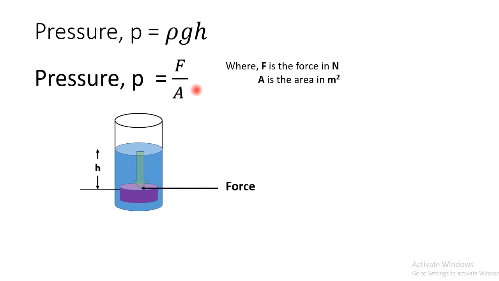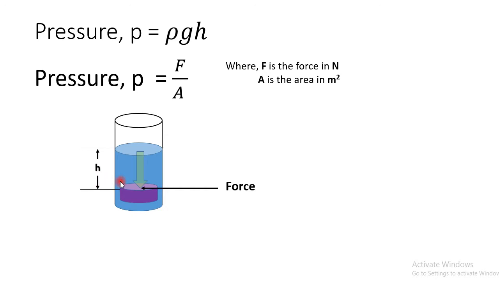We have this container filled with water, and we also have the force acting on that coin. Now we would want to determine the pressure at the surface of the coin. This coin has a column of water above it with a height h.